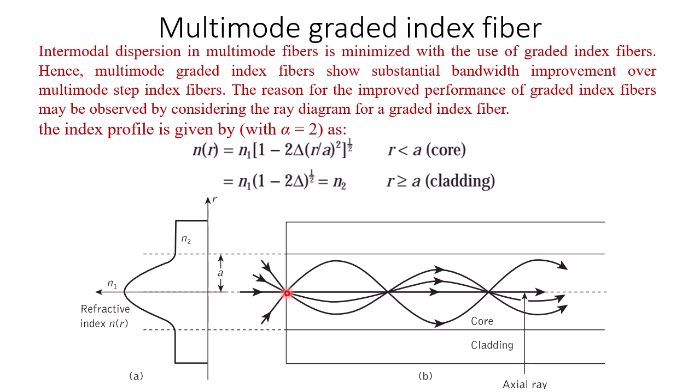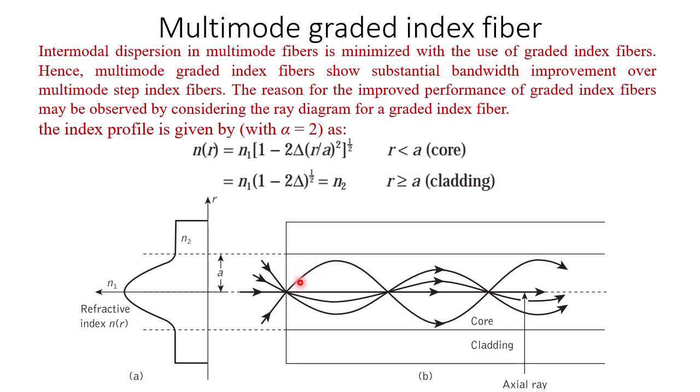As you can see, when the wave goes from the axis towards the periphery, towards the cladding, the refractive index is diminishing. So at every point, the wave is going from a denser medium to a rarer medium, and refraction takes place in such a way that the wave will be tilted towards the axis as it passes.